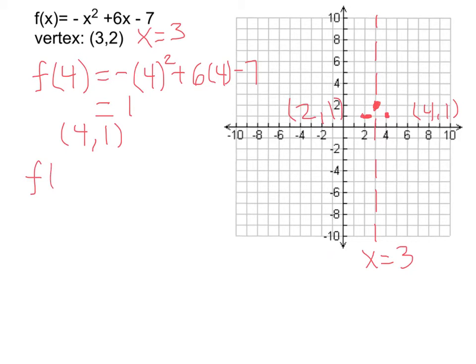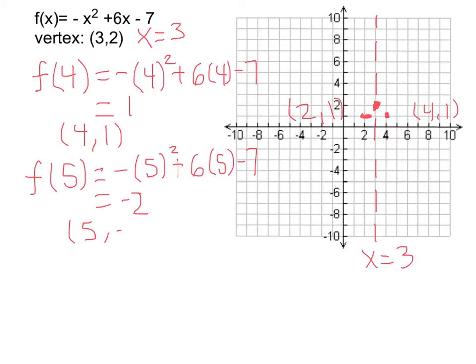I also need to plug in one more point. I'm going to choose 5. That value is going to come out to be negative 2. So my next point is going to be at 5, negative 2.